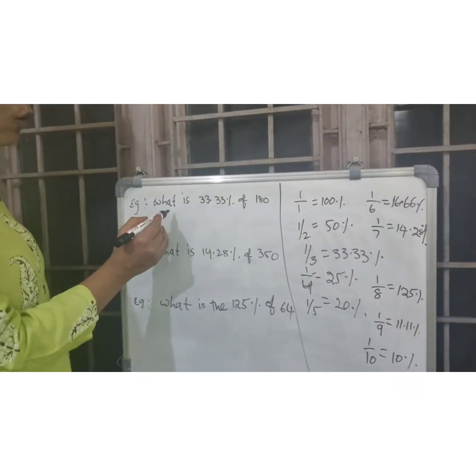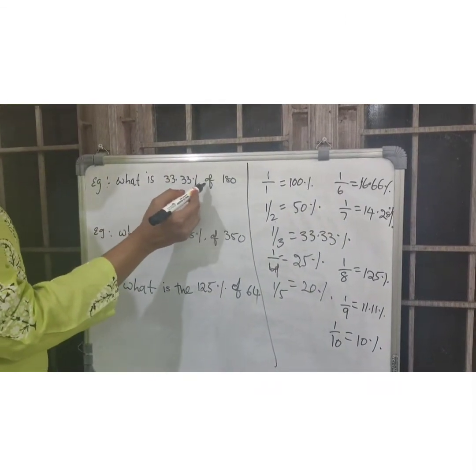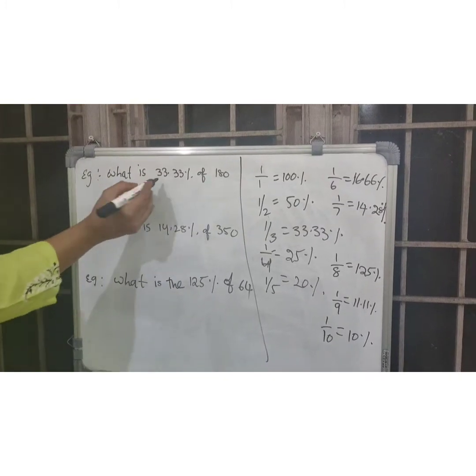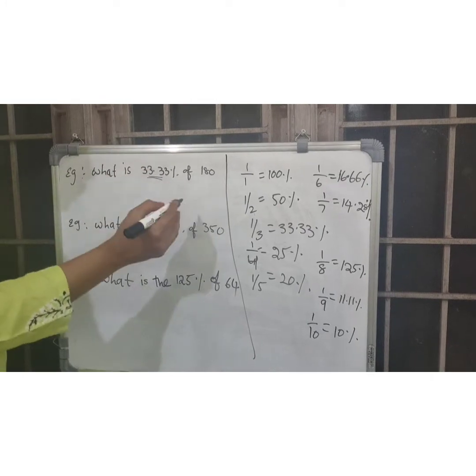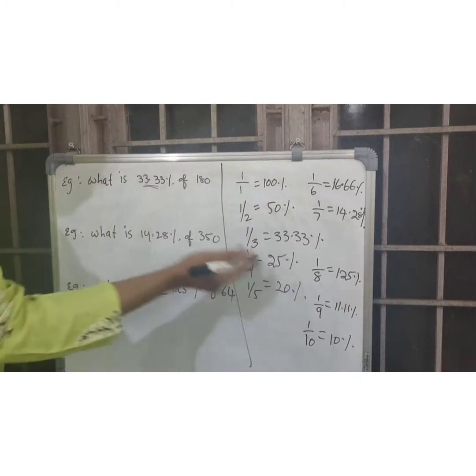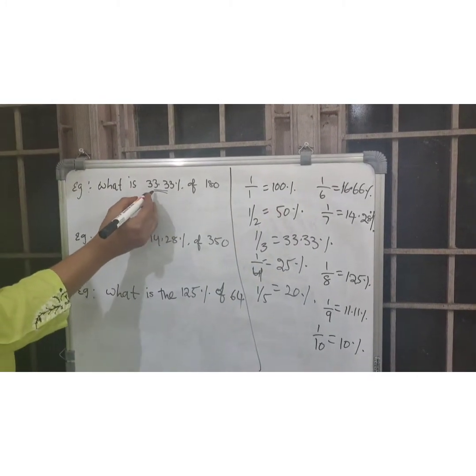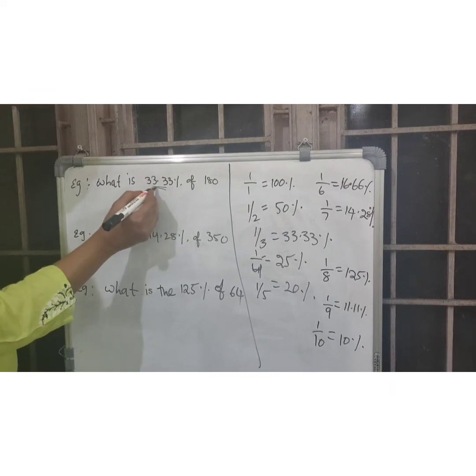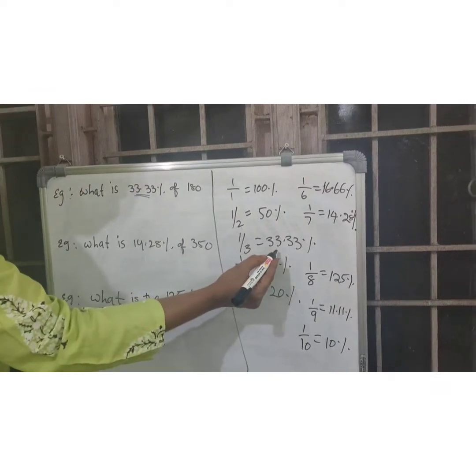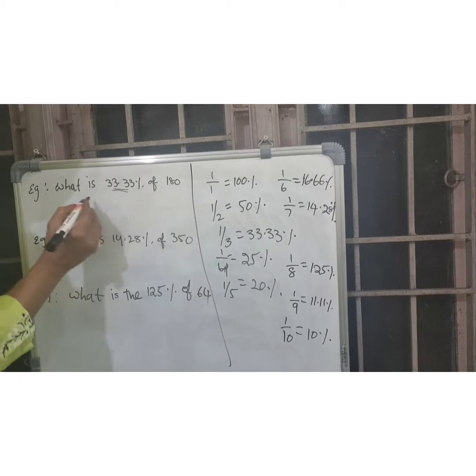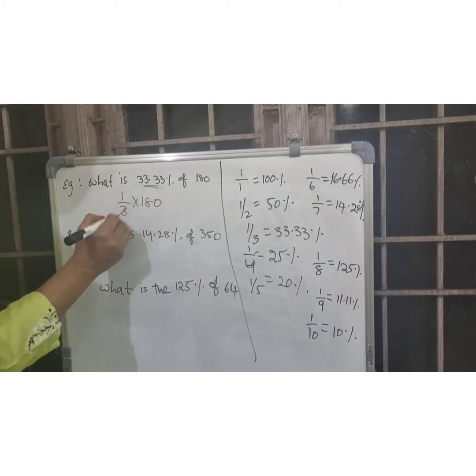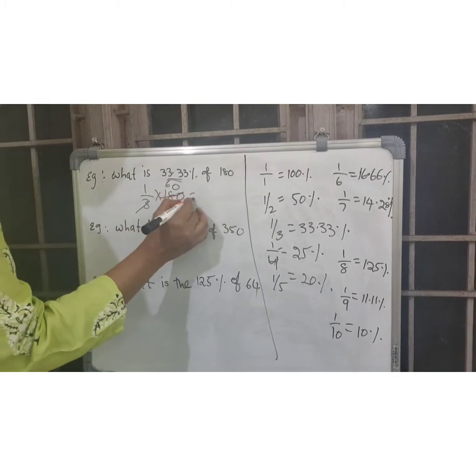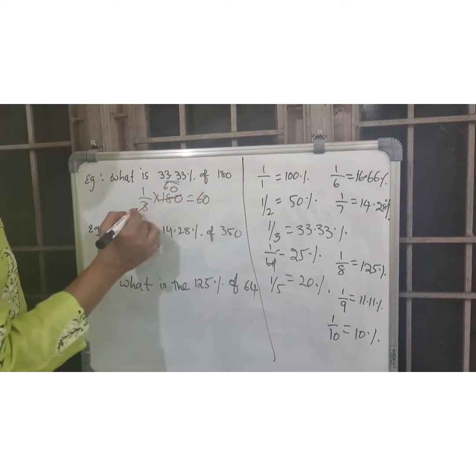First we will see what is 33.33% of 180. In order to convert this percentage into a fraction, without knowing this, it takes more time. If you know the fraction for this percentage, 1 by 3, you can directly do 1 by 3 into 180, which gives you 60.